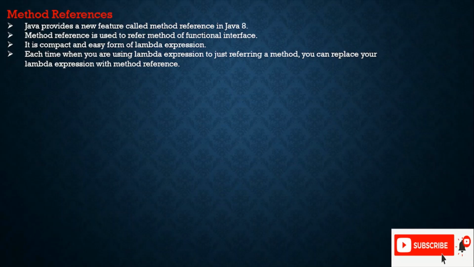There are basically three types of method reference. One is static method reference. That means a class has a static method, and we refer to that method in our class to provide the implementation to the functional interface.